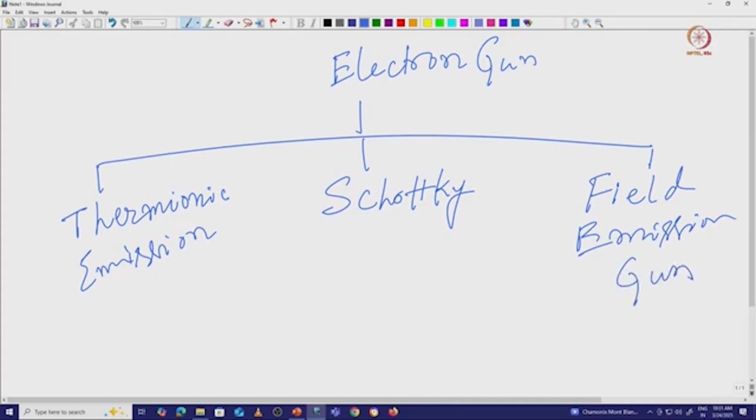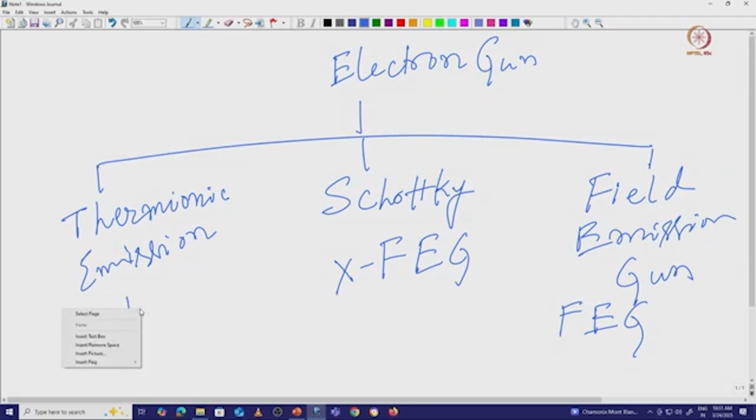So, here this will be denoted as field emission gun always. Schottky, specially it is mentioned as XFEG, and thermionic emission mostly we say W or tungsten filament.